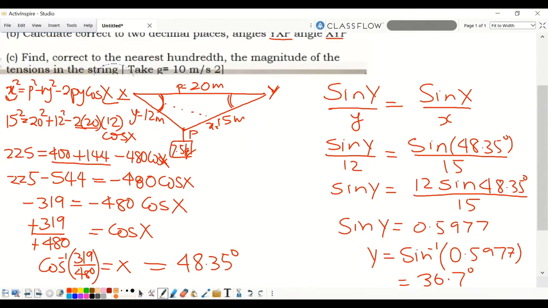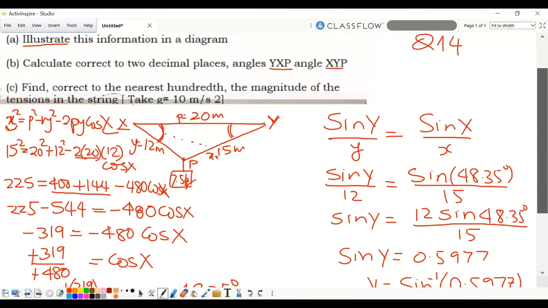Let's see what else they are asking. So these are the only two angles they are asking.